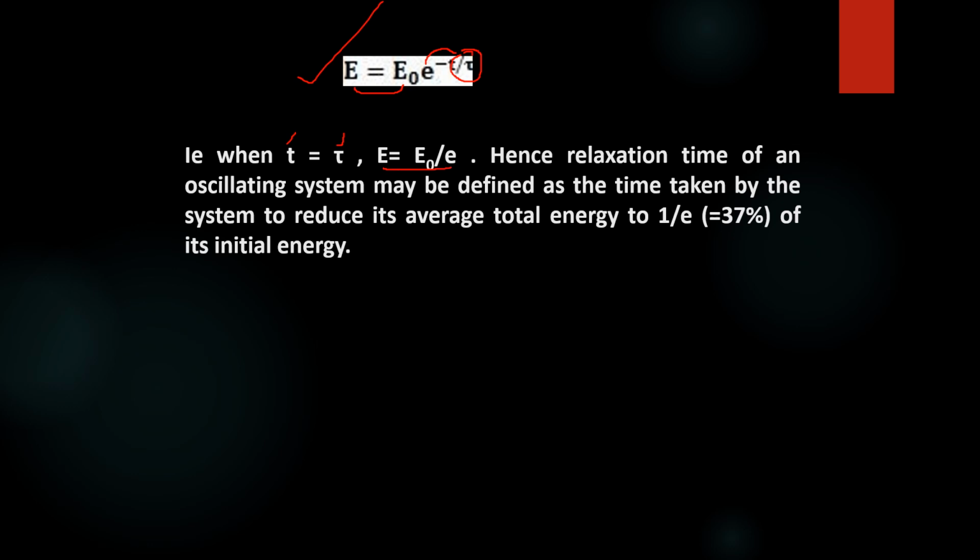That is, the relaxation time of an oscillating system can be defined as the time taken by the system to reduce its average total energy to 1 by e of its initial energy. 1 by e times means it is 37%. So you have to do problems based on this relation.